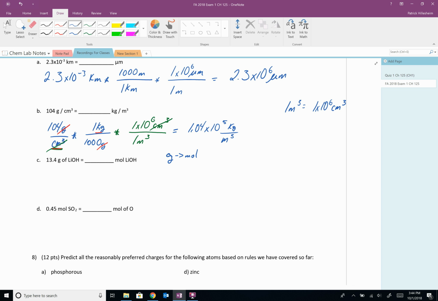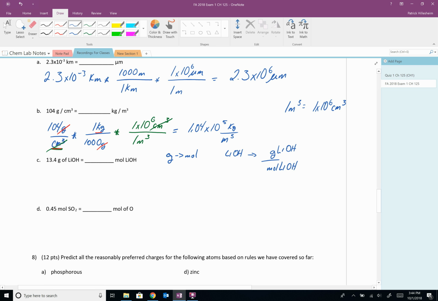We need to know how many grams of lithium hydroxide there are for every mole of lithium hydroxide.